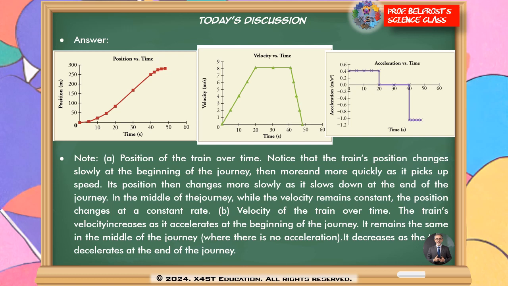I will not explain it. Just take a screenshot of this slide and read all the descriptions that I've given you. Understand how I plot the graphs for A, B, and C, respectively: position versus time, velocity versus time, and acceleration versus time. If you have any questions later, please feel free to contact me.